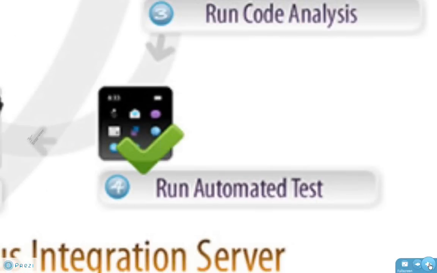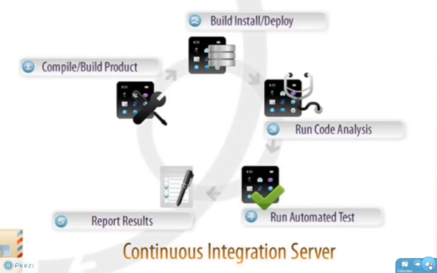So this is how the continuous integration server works. Like I said, there are many continuous integration servers like Cruise Control and Hudson. There is TFS for .NET, and there is Jenkins. Hudson and Jenkins are one and the same, and Cruise Control is a different thing.